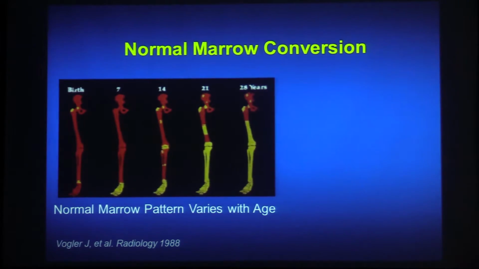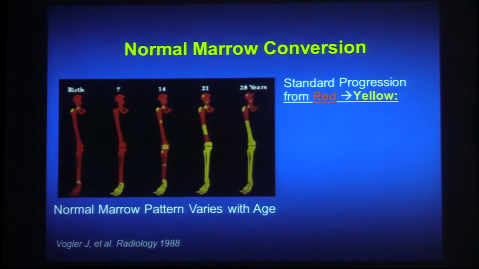Another important thing to think about, to understand when you're looking at marrow, is this normal physiologic conversion of marrow. As we age, there's a progression from red marrow to yellow marrow. At birth, almost all of the marrow space is composed of red marrow. And as we age, we get more and more of the yellow or fatty marrow.